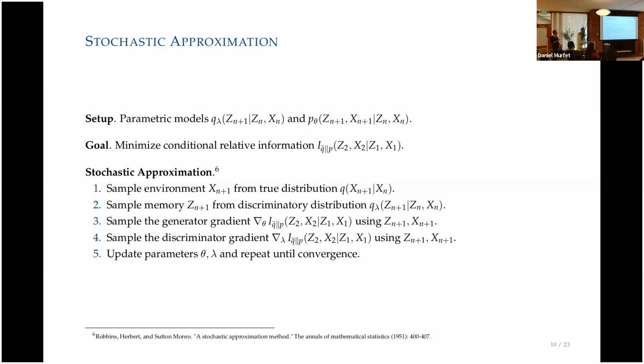In classical EM, you update lambda in one step, and then you update theta in the next step using the updated lambda. But from my experiments and in trying to prove things, it was easier to update everything at the end in one step than to update individually. It makes the proofs a lot easier. Okay, so this is how we train a spiking neural network, and let's see how it works out.